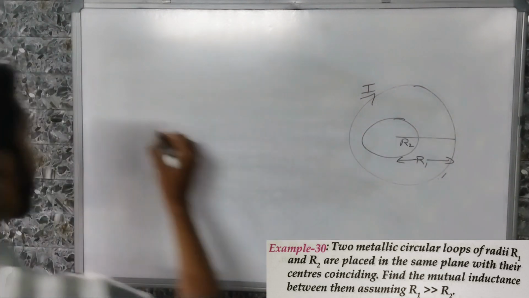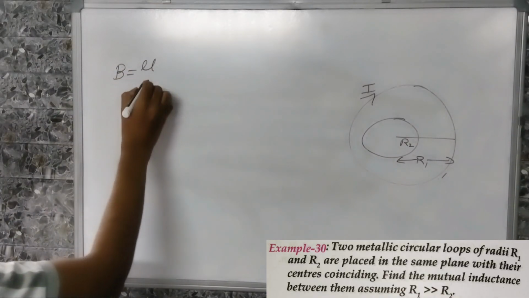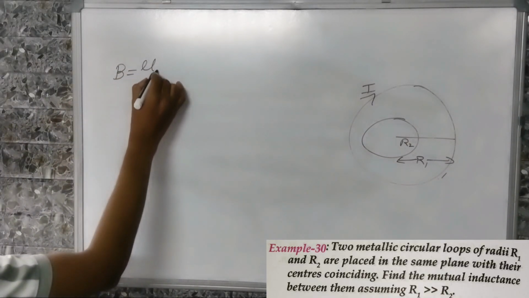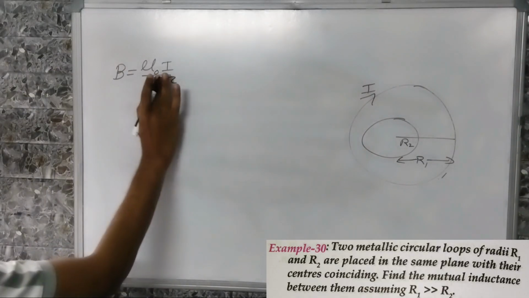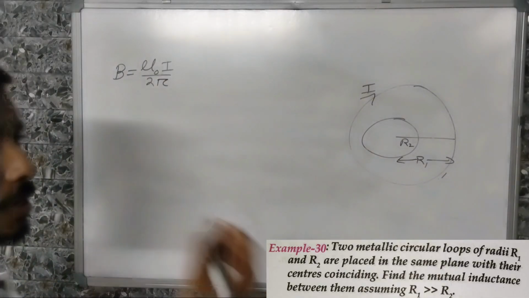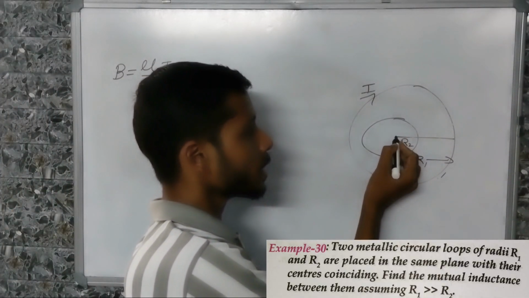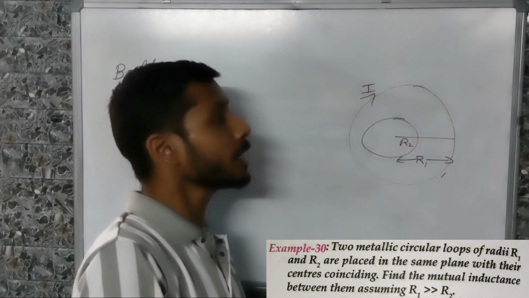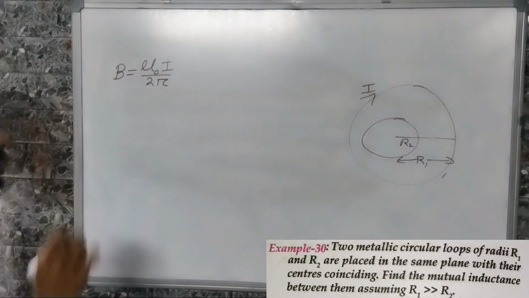So, first conductor produces magnetic field B is equal to mu naught I by 2 pi r. Sorry, mu naught I by 2 r. एक सर्कुलर कंडक्टर में करंट जाने से उसके सेंटर में प्रोड्यूस होने वाला मैग्नेटिक फील्ड का फॉर्मूला है B is equal to mu naught I by 2 r.